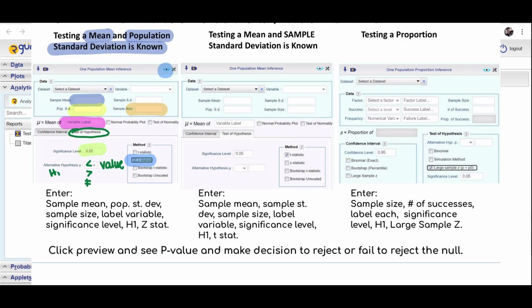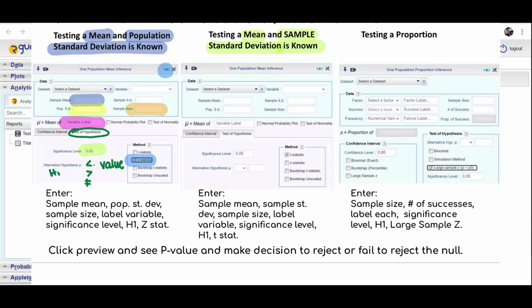If you're testing a mean and they give you the sample standard deviation, or at least the raw data so you could find the sample standard deviation, you are still going to choose mean inference and one population.